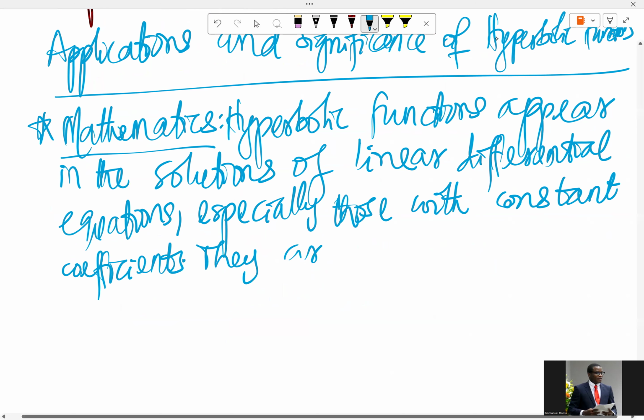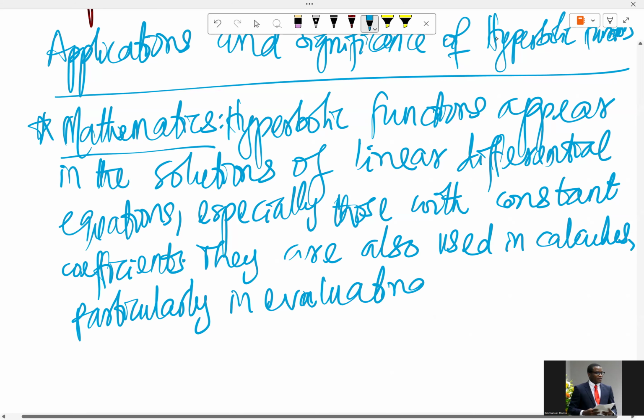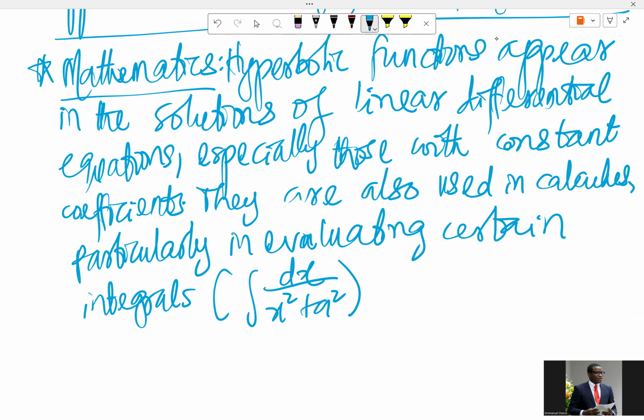They are also used in calculus, particularly in evaluating certain integrals. In fact, that's the integrals of this type, integral of dx over x squared plus a squared. So you need to use hyperbolic functions to evaluate this kind of integral generally. Okay, so that's in mathematics.